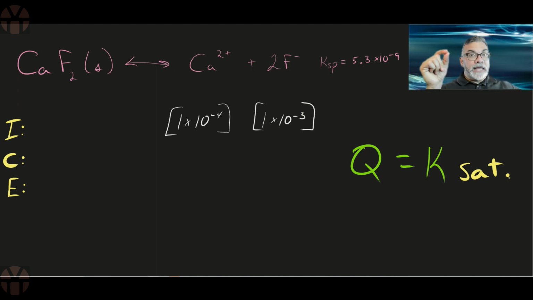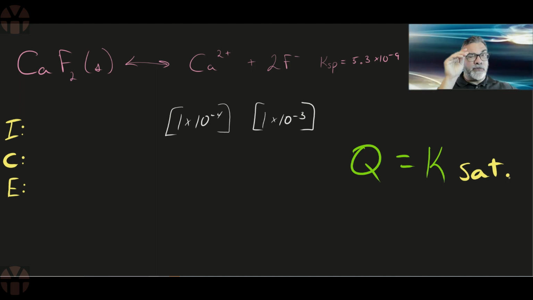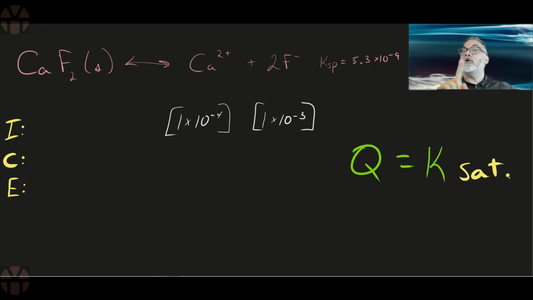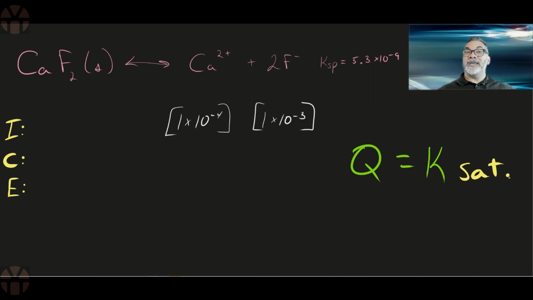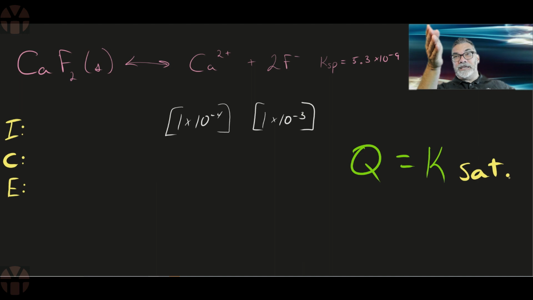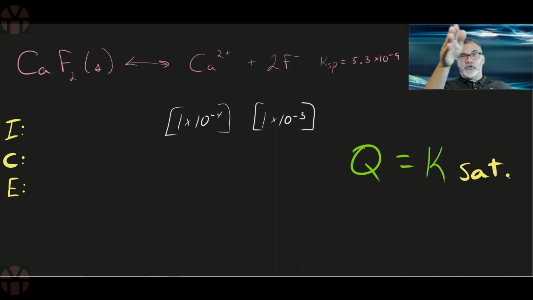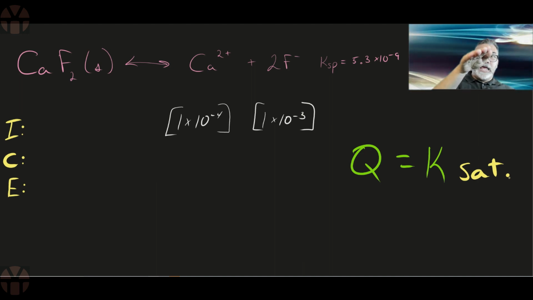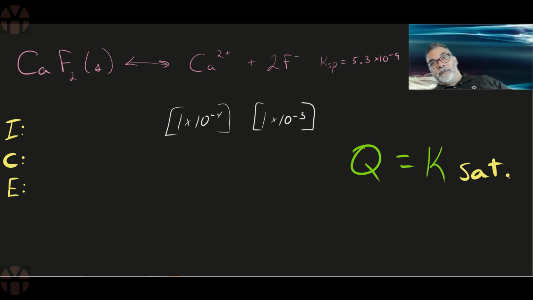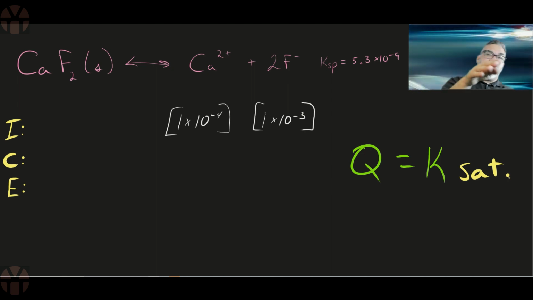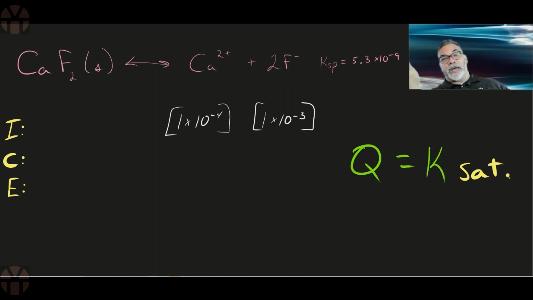When you're exactly right at Q equals K, no precipitate forms because you're at that teeter-totter point. You're right on that fine edge between making products and making reactants. I'm kind of flip-flopping back and forth.